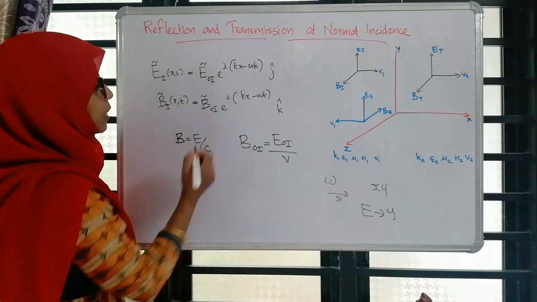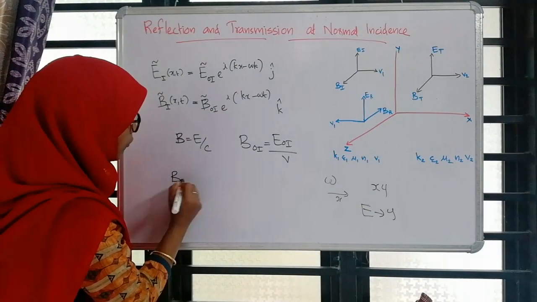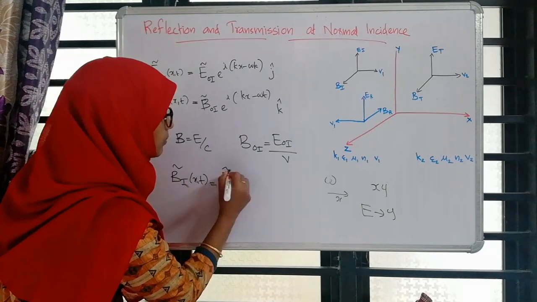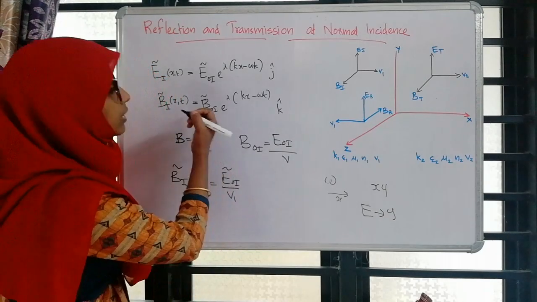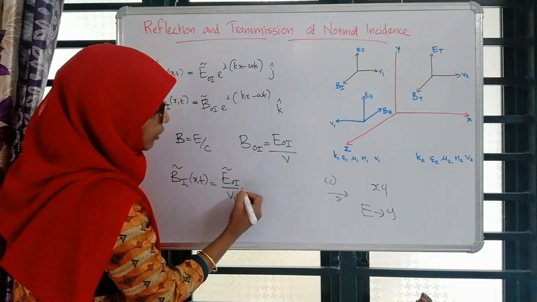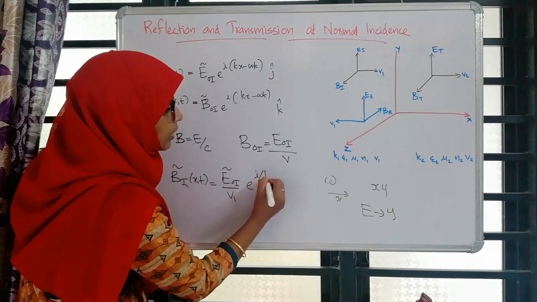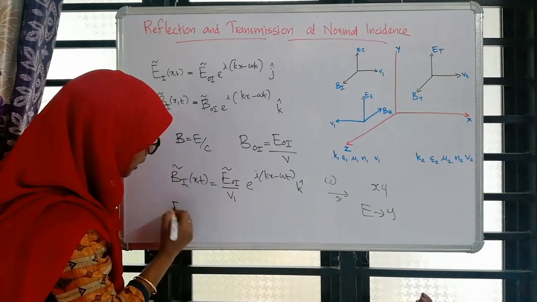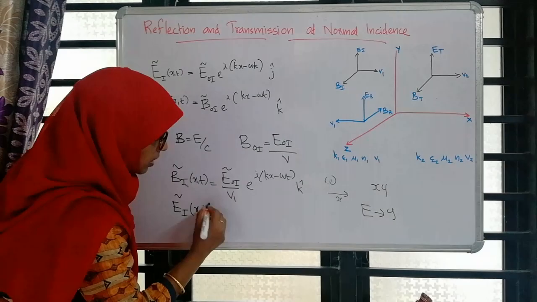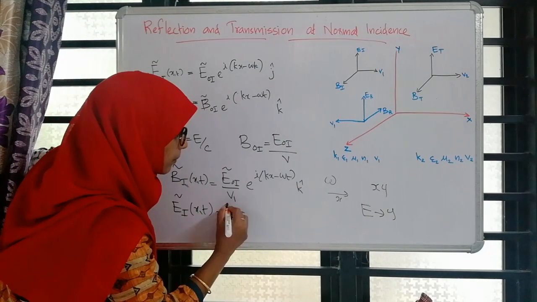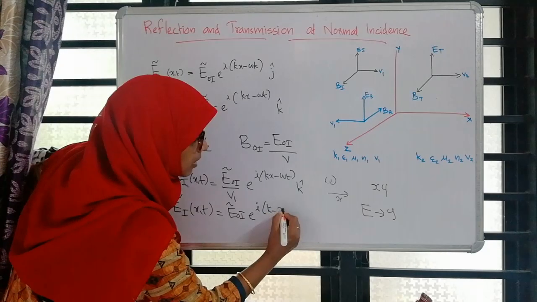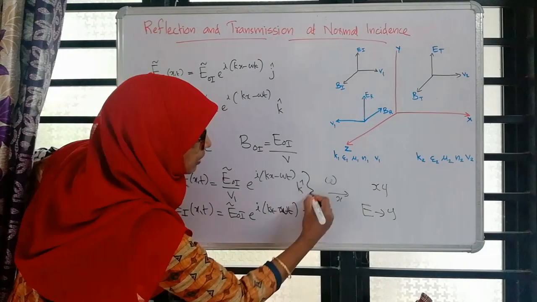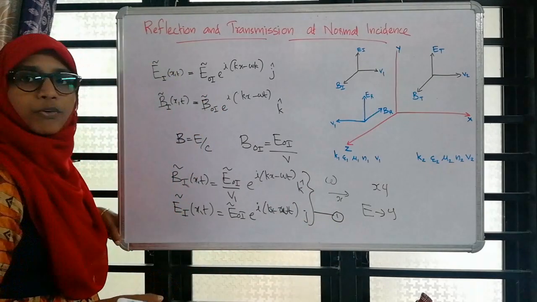We can replace this equation as Bi of x,t equal to E0I by V1, where the incident wave is passing across medium 1, E0I by V1 e raised to i(kx minus omega t) unit vector k. And together Ei of x,t equal to E0I e raised to i(kx minus omega t) unit vector j, and together these equations represent equation number 1.